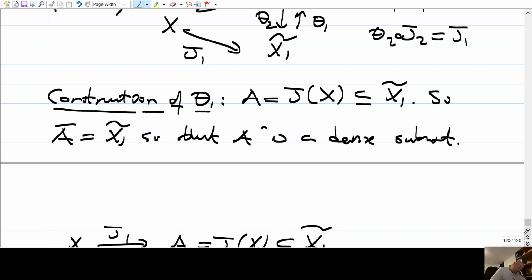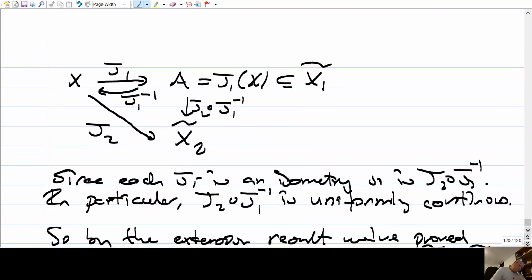So what we see is this. This map is defined on a subset of x1 tilde, but we have seen that there is a unique map theta 1 from x1 tilde to x2 tilde, and this map agrees with this j2 j1 inverse on the dense subset A.